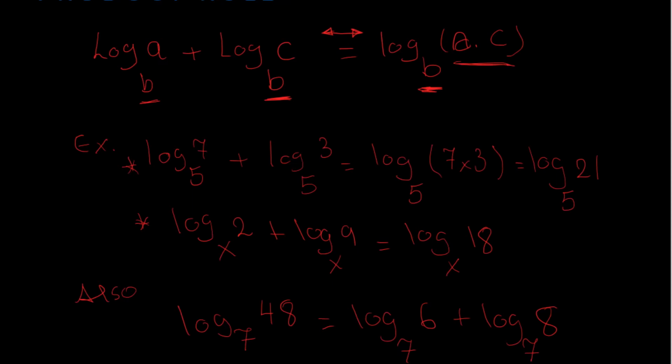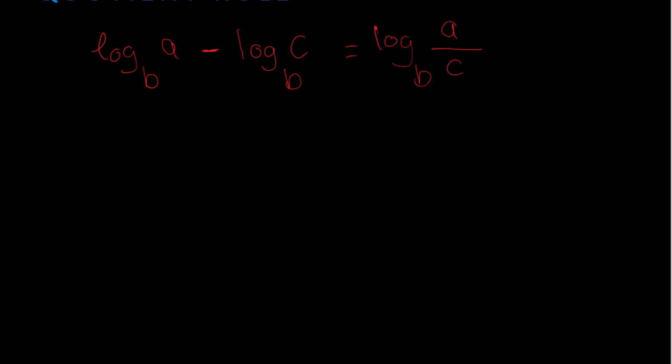So now let's go to the next rule, which is the quotient rule. So what is the quotient rule saying? The quotient rule states that if we have log base b of a minus, this time it's minus, before in the product rule it was plus, log base b of c, it equals log base b of a over c.